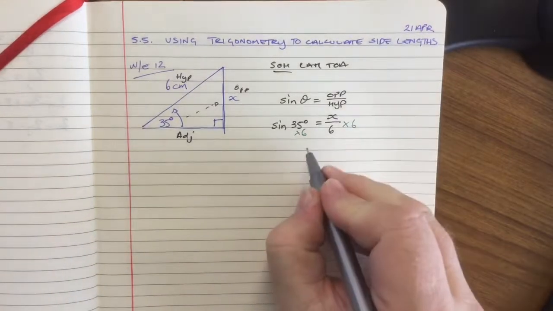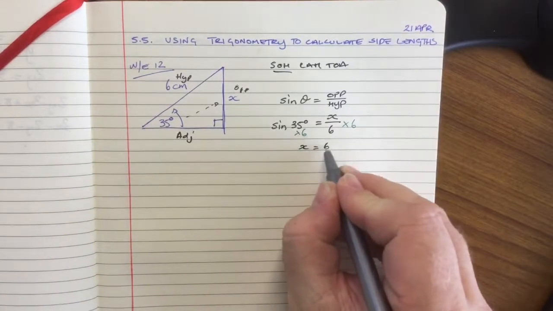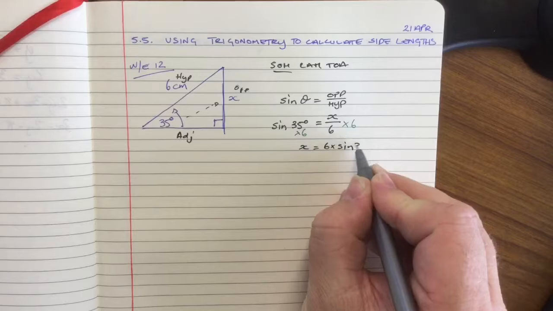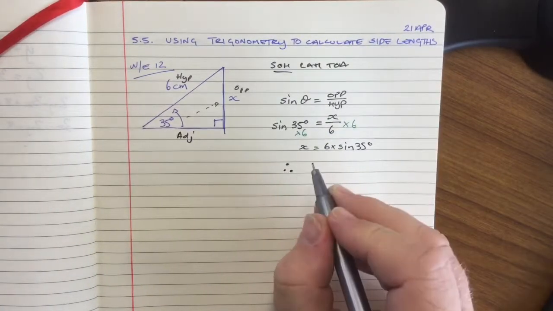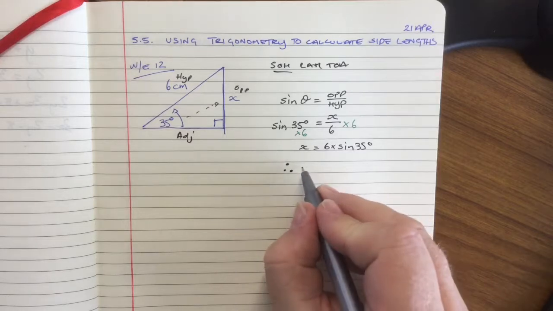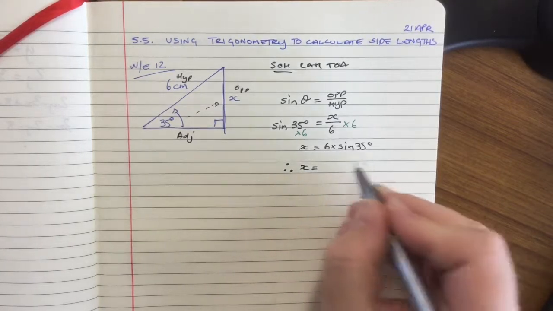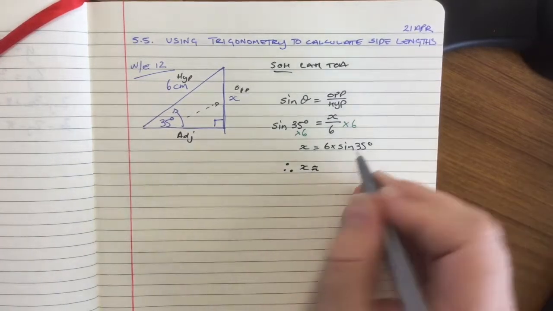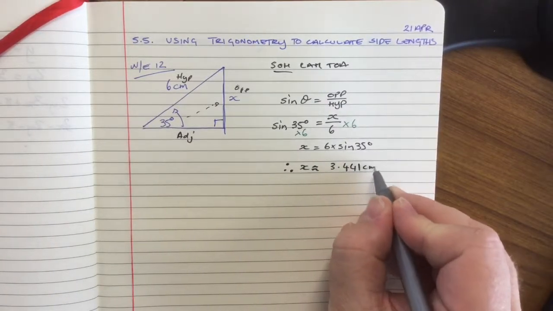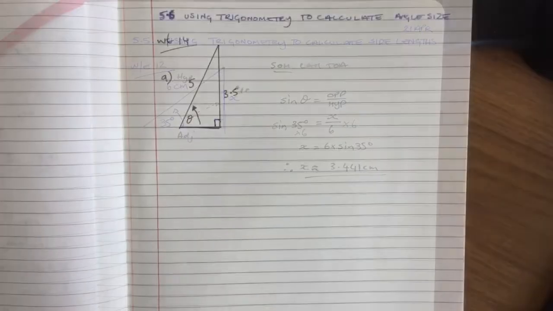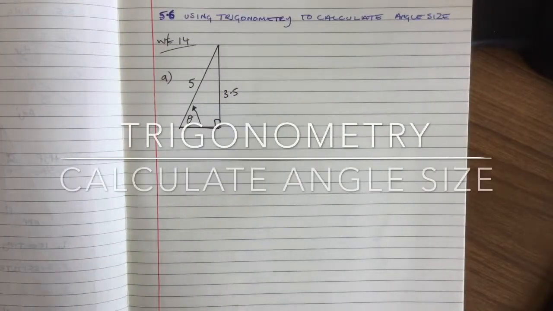I can rearrange this formula to have x is equal to 6 times sine 35. Therefore, once you key that into the calculator, you get that x is approximately equal to 3.441 centimeters.